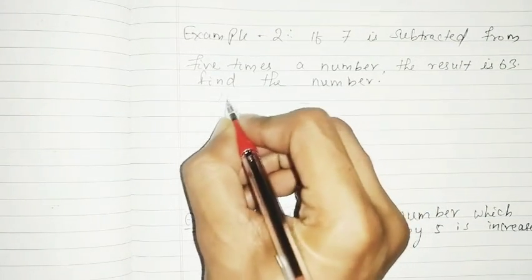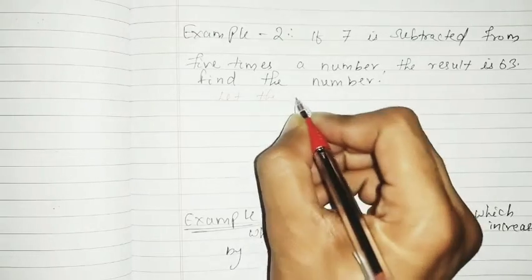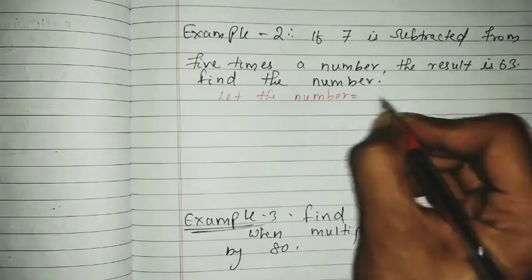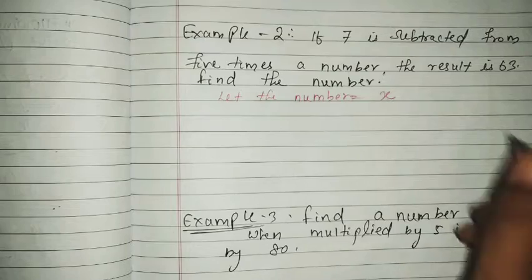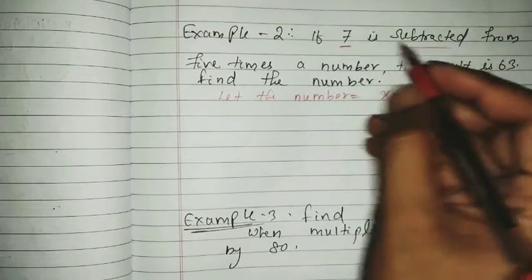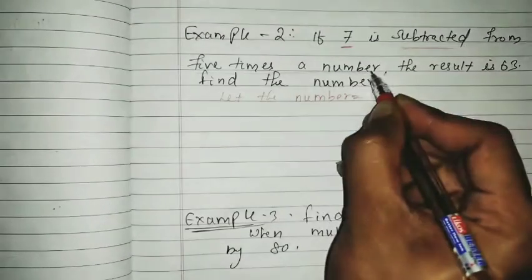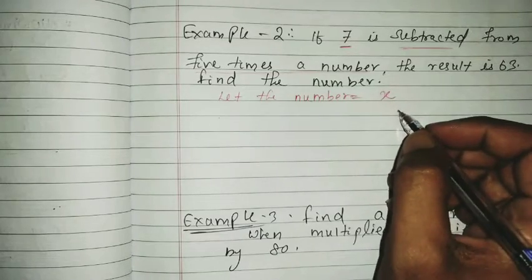So let the number, we don't know the number, be x. Here, 7 is subtracted from 5 times a number. What is the number here? We don't know the number, so we have written x, let the number be x.